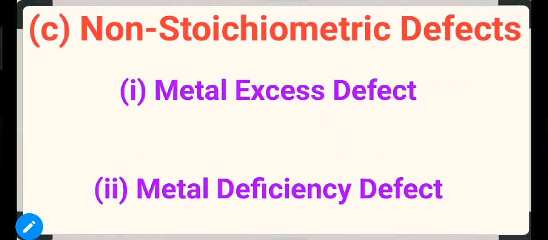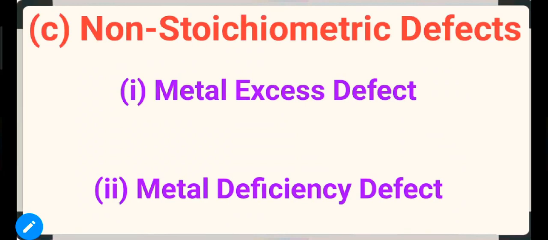Now let us move on to the last defect, non-stoichiometry defects. As mentioned earlier, non-stoichiometry defect will disturb the formula of the crystal. It has two different types of defects, metal excess defect and metal deficiency defect. Metal excess means metals usually produce positive ions.